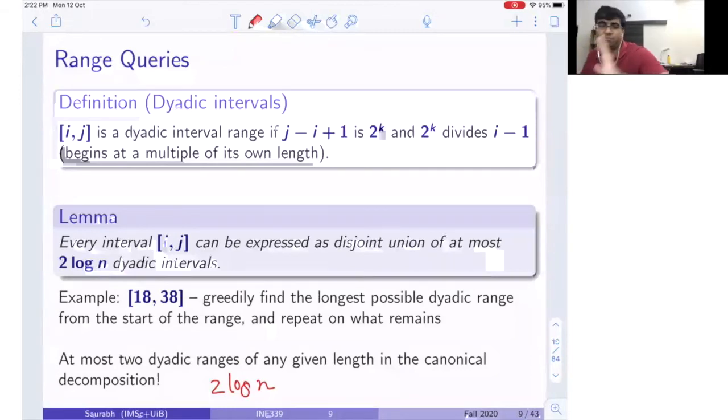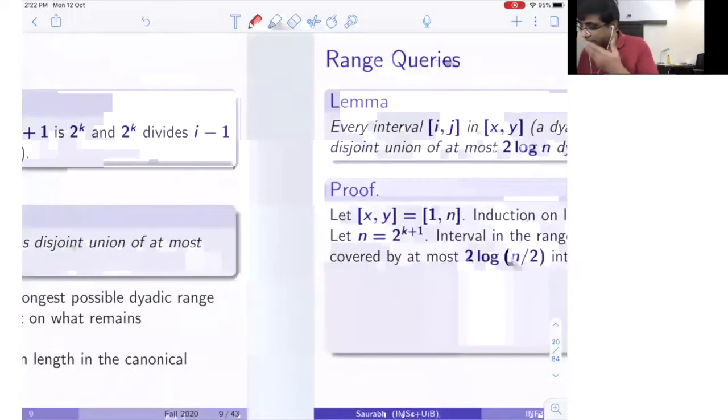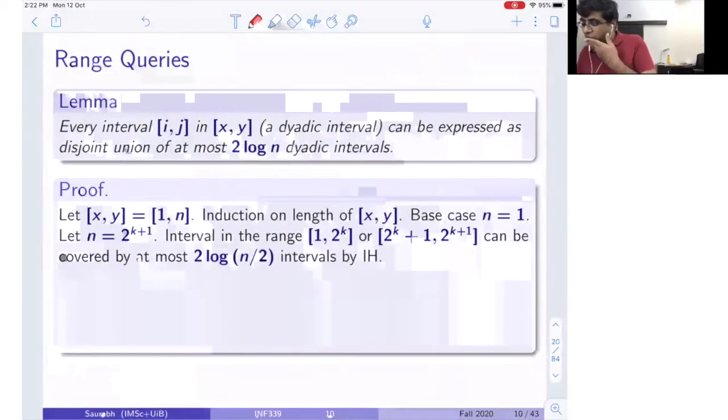But I will give you a basic idea. This is not something very hard, and this is useful in many settings. So it is good to know this trick. I want to show that every interval ij in a dyadic interval can be expressed as a disjoint union of at most 2 log n dyadic intervals. For now, let's just believe that the range is 1 to n.